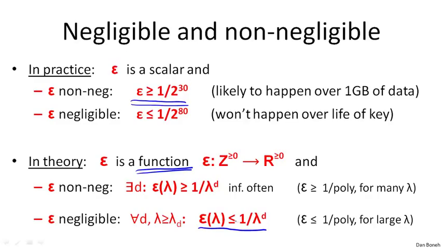In other words, it's less than 1 over lambda to the d for sufficiently large lambda. So let's look at some examples, and we'll see applications of these negligible and non-negligible concepts later on, but I just wanted to make it clear that this is how you would rigorously define these concepts. Basically, either smaller than 1 over poly or bigger than 1 over poly. One would be negligible, the other would be non-negligible.